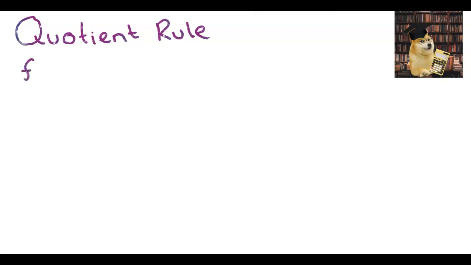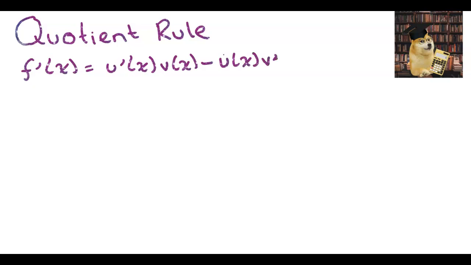So our f prime of x will equal u prime of x multiplied by v of x. Here you can see it is similar to the product rule, but the difference comes here with the subtraction, and we have our u of x and our v prime over here.